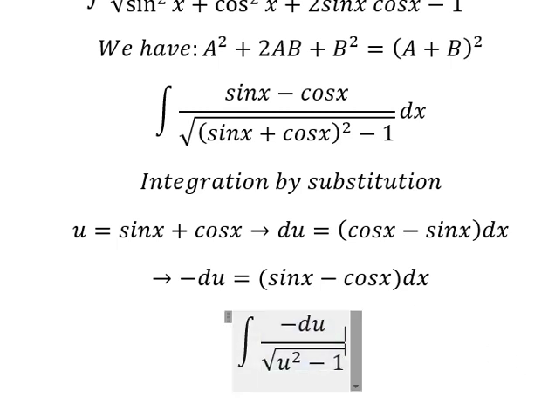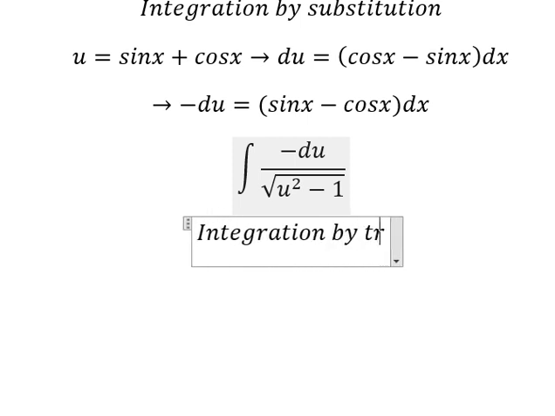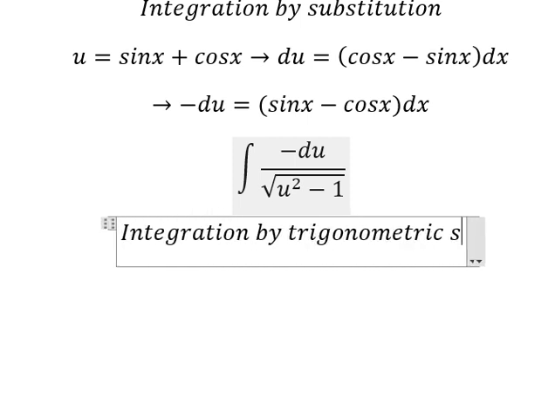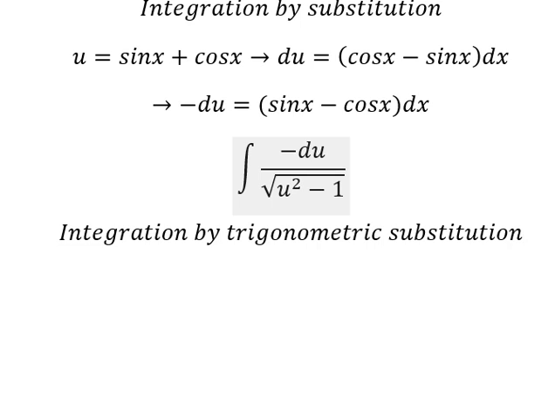Next, we can use integration by trigonometric substitution. So I will put u equal to sec t, because if I put this one here, we have sec² t minus 1.